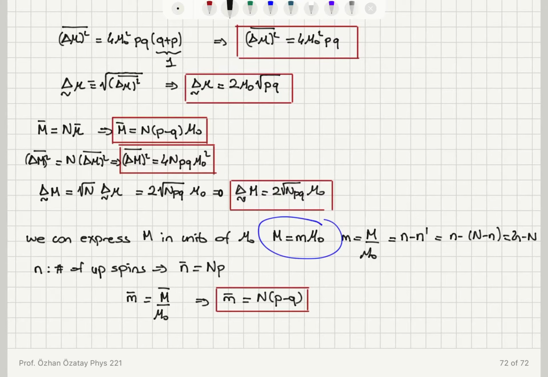and the variance of the total moment number, delta m square bar, is going to be delta M square bar divided by mu 0 squared. So this is going to be 4Npq.